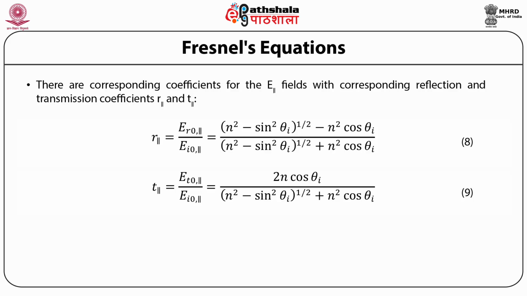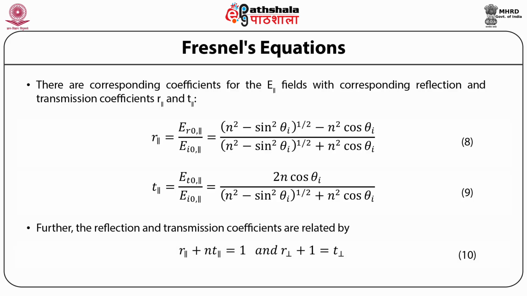R parallel is equal to ER0 parallel divided by EI0 parallel, which is equal to the square root of n square minus sin square theta I minus n square cos theta I, divided by the square root of n square minus sin square theta I plus n square cos theta I, and T parallel is equal to ET0 parallel by EI0 parallel, which is equal to 2n cos theta I divided by the square root of n square minus sin square theta I plus n square cos theta I.